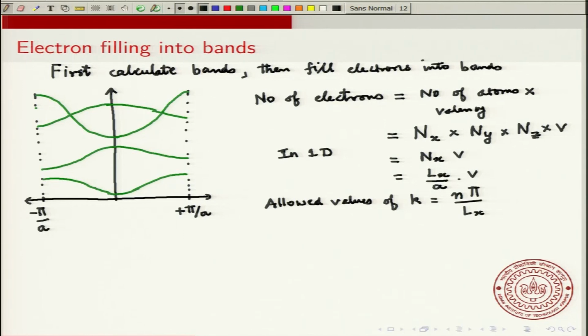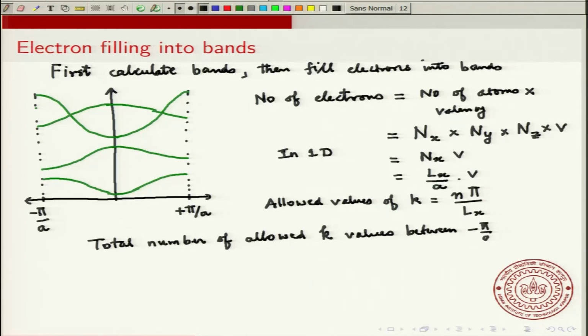And so if you ask how many k values are there from minus pi by a to plus pi by a, total number of k values between minus pi by a to plus pi by a.